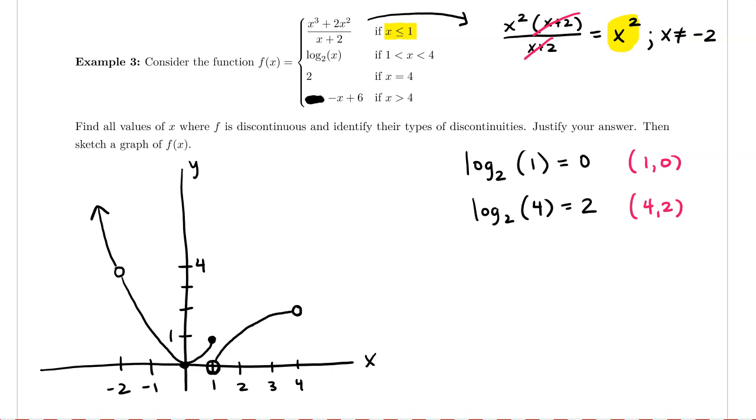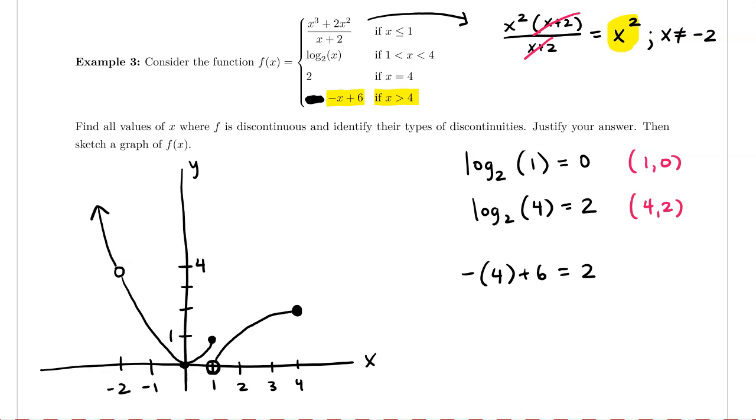And then, let's see, our next row in our piecewise function says our output value is 2 if x is equal to 4. So I can actually fill in this hole right here based off that third row in our piecewise function. And then the last one says if x is greater than 4, we have negative x plus 6. So if I were to plug in 4 there, I would have negative 4 plus 6, and that is equal to 2.